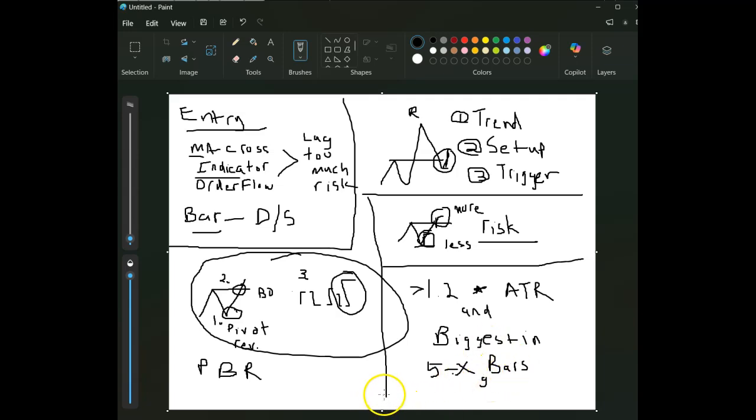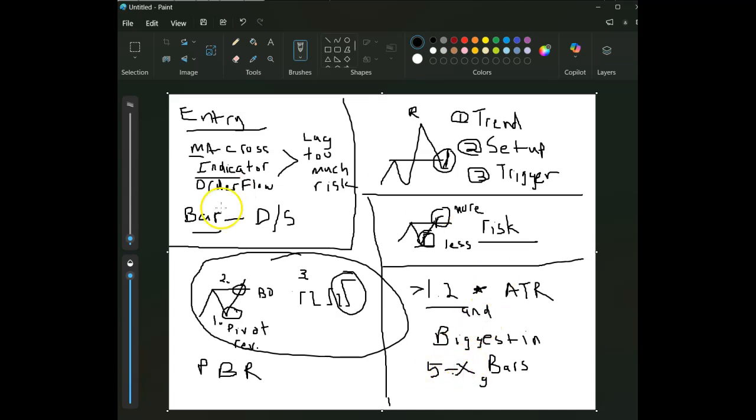All right. So now that you understand that, this is at least 1.2, meaning 20% greater than the average true range. For ATR, you can use either 10 or 14, it doesn't really matter. It has to be 20% bigger and biggest in at least 5 bars or 5 green bars, and from the short side, biggest in 5 bars or 5 red bars.